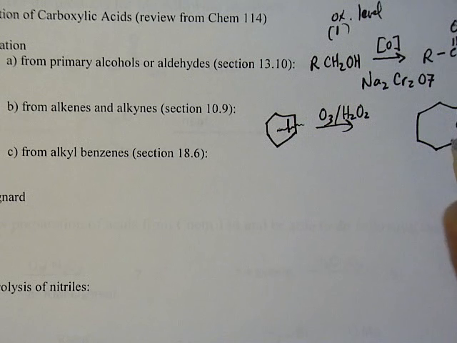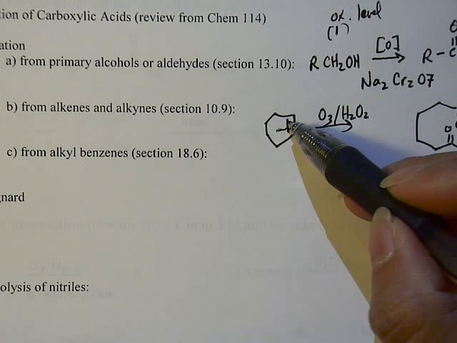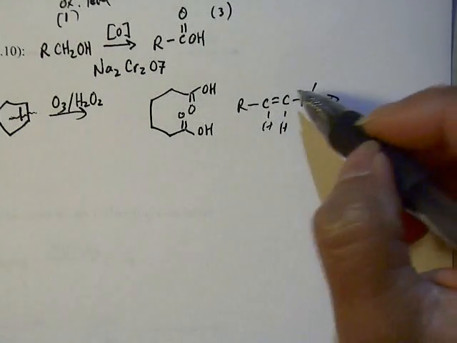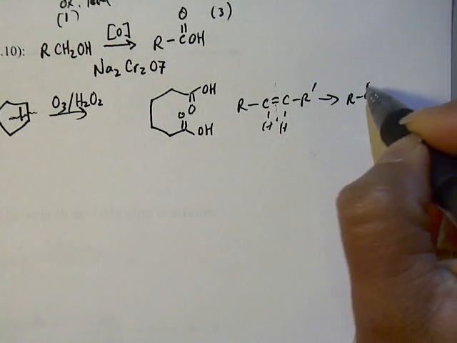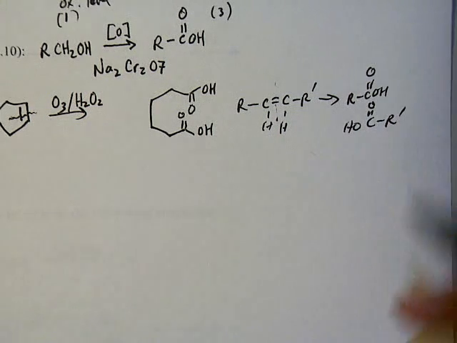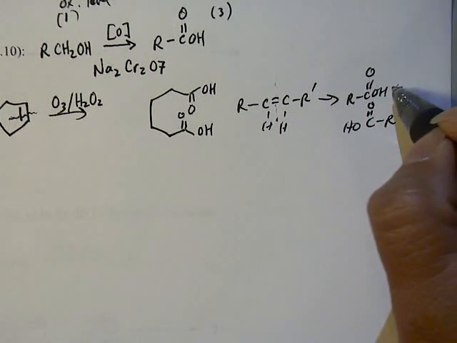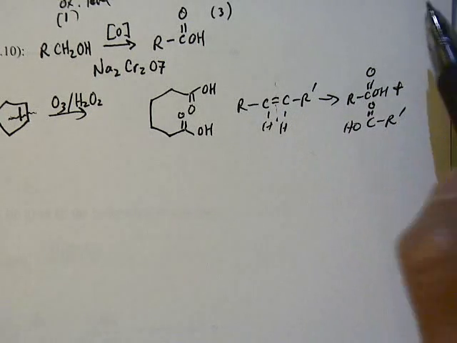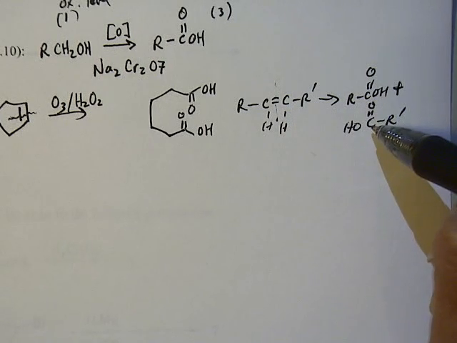In this case, because we're doing it with a cyclic compound, you would still have the same number of carbons. But if you did this with just a straight chain, then you would cleave here and end up with two carboxylic acids, cutting it in half wherever the double bond was, where the carboxylic acid would be.